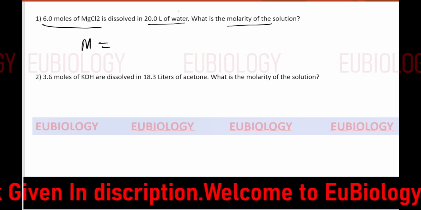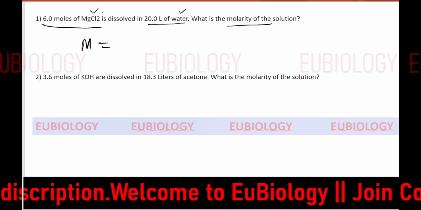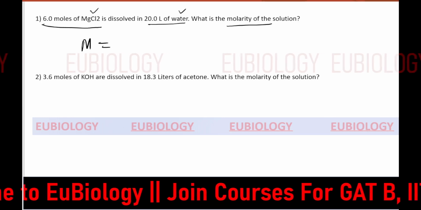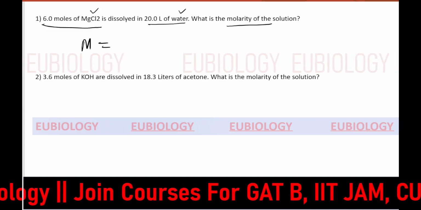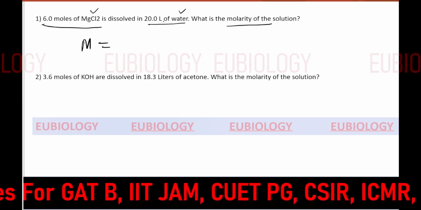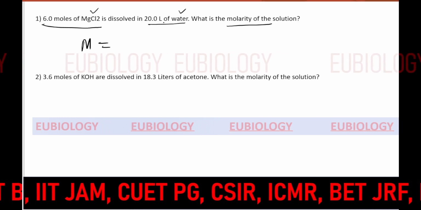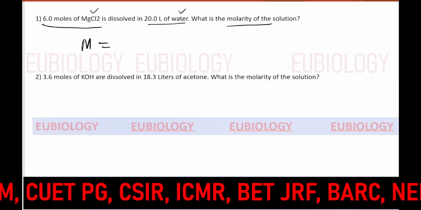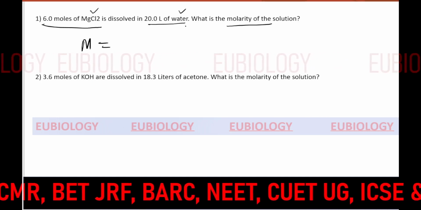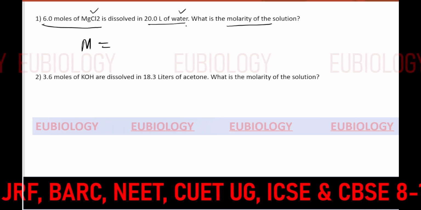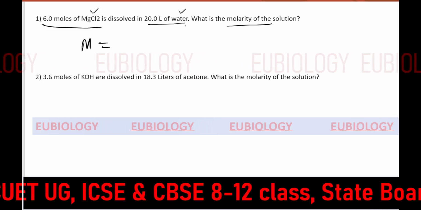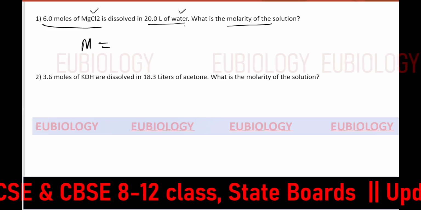So how can you find whether water is the solvent and MgCl2 the solute, or the other way round? It is a very simple rule: whichever is more in number, more in volume, will be your solvent. Water will mostly be the solvent, though sometimes for lipids, steroid molecules and others, ethanol or ether will be the solvent.